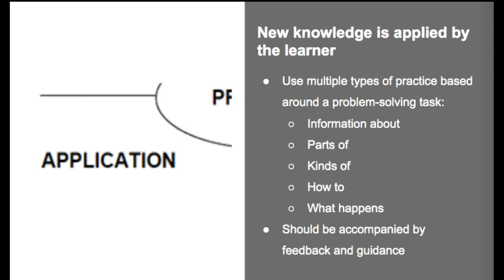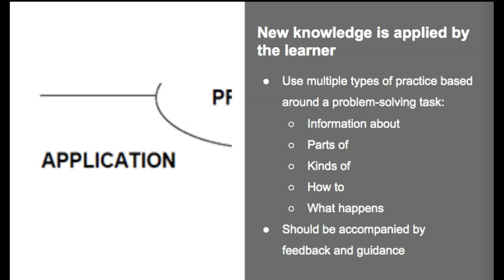Merrill suggests a number of different types of practice. So practice might be information about, which is where learners would, in a real world context, have to pull up information about what they've learned, or be able to present information about what they've learned. Parts of practice, which might be learners identifying different elements of a particular problem or problem solving approach.